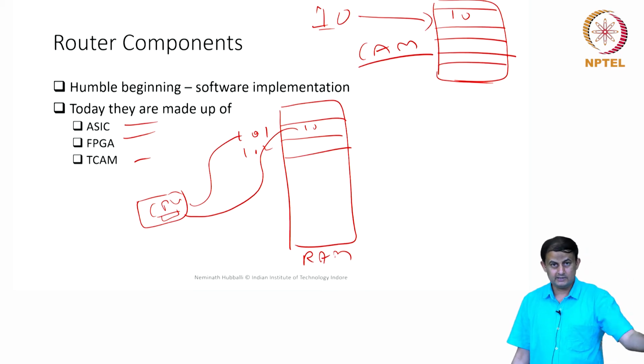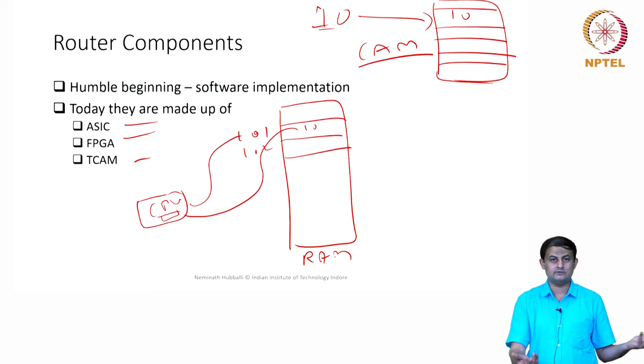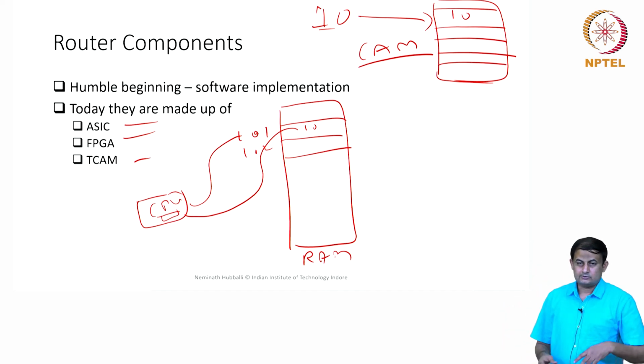So you give me the content, and I am going to search inside my memory locations whether that content is available or not. If it is available, I will tell you it is available and where. If not, I will tell you it is not available. So think of this case.